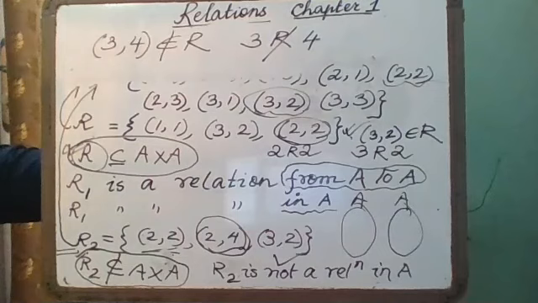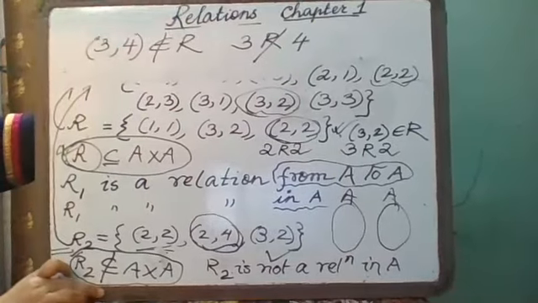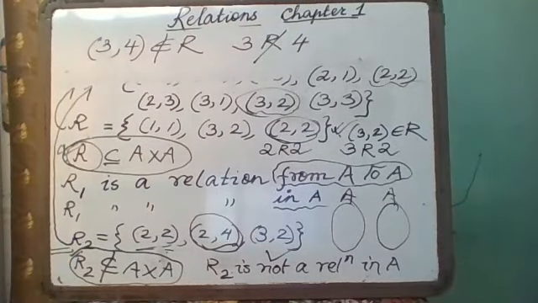R contains 3, 1, the first ordered pair. Yes, 3 minus 1 is 2. The second ordered pair is 4, 2. I have to choose from set A. I cannot take elements outside set A. Yes, 4 minus 2 is equal to 2. Third ordered pair 5, 3: 5 minus 3 equals 2. Fourth ordered pair 6, 4: yes, 6 minus 4 gives me the difference 2.